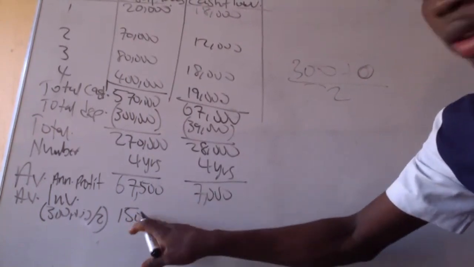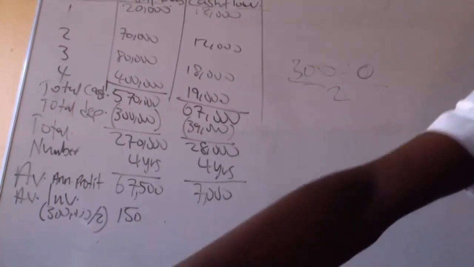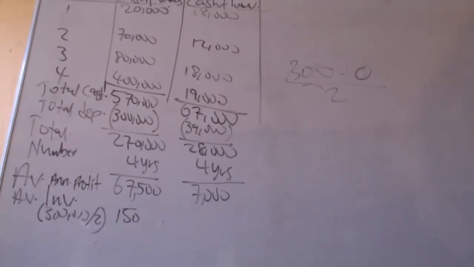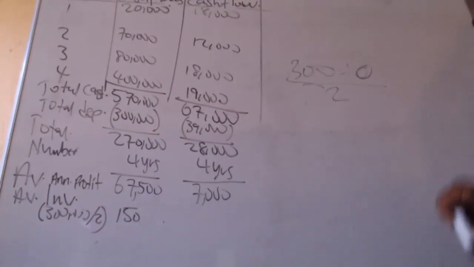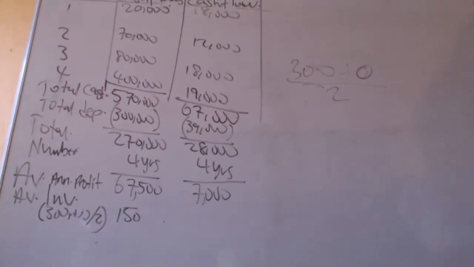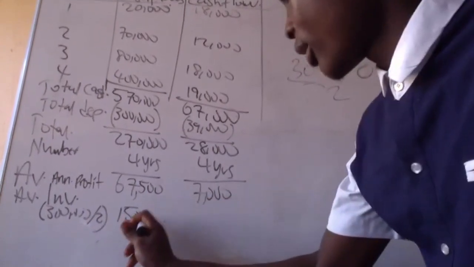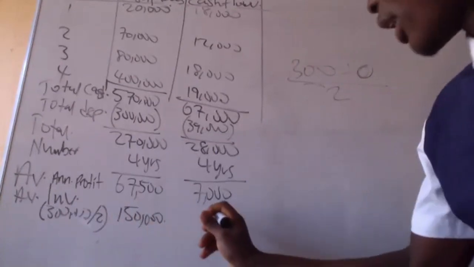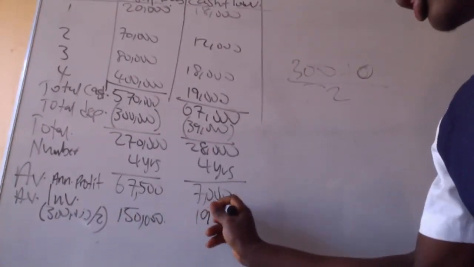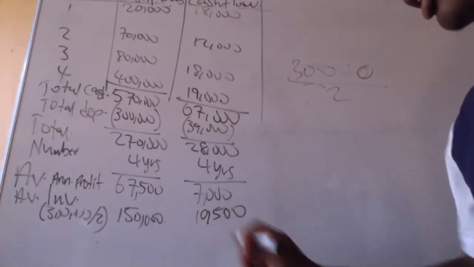150,000. So I hope you get it. Good. So let's see, 150,000 and 19,500. So what's the accounting rate of return?